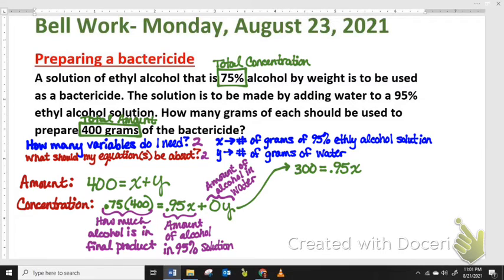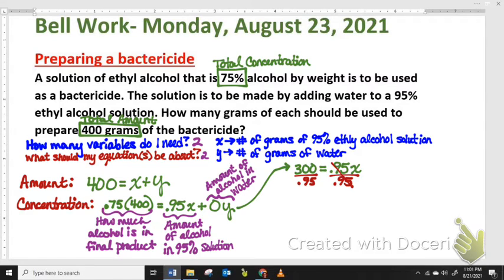Since it has no alcohol in it, I just get a 0 from that. All the alcohol has to be coming from this 95% solution, right? What would I do from here to figure that out? Divide. So we're going to divide both sides by 0.95. If you were given a calculator to use, that would be a piece of cake. We're expected to do this class, at least on tests and quizzes, without calculators, right?